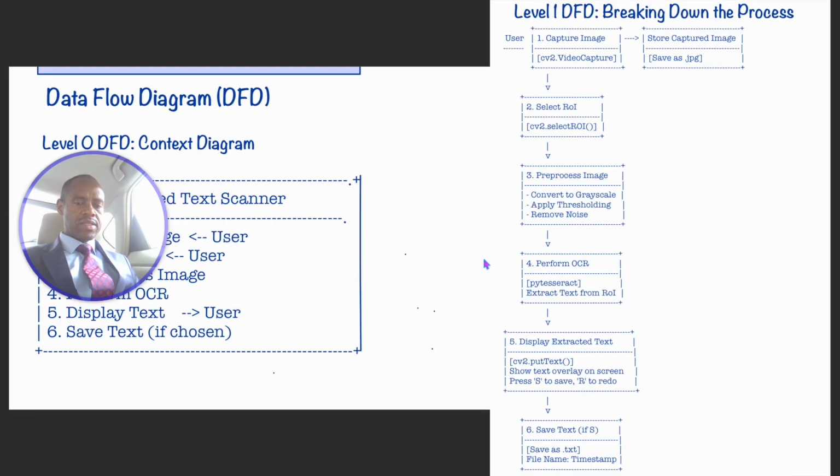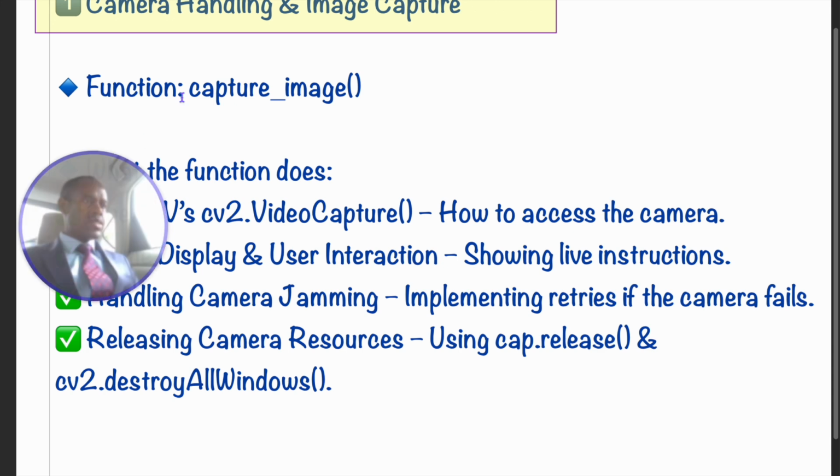So let's go to the details. This is the first functionality, camera handling and image capture. It's done here in the function capture image. We use the function VideoCapture to start the camera, and then frames are displayed, and a user is given instructions.